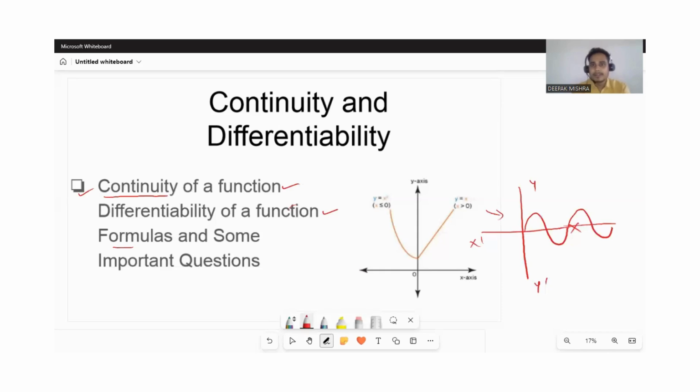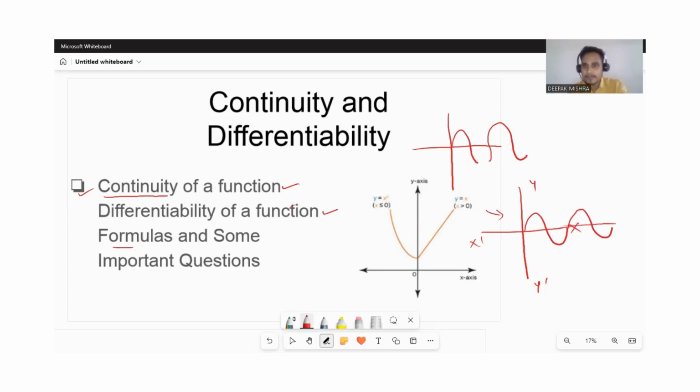Now similarly, if I make another curve like this, here I break my point and make another curve from this. If you observe the pattern in this graph, starting from the origin, I make a curve like this.